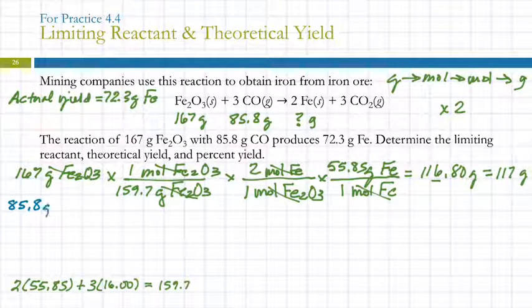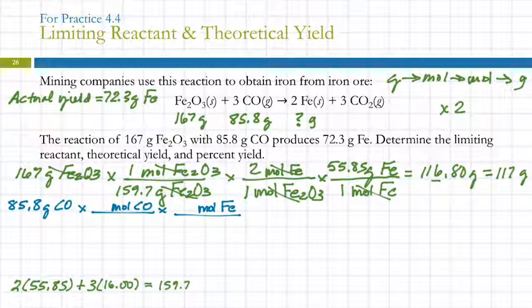85.8 grams of carbon monoxide. Are you guys starting to see this pattern here, grams to moles to moles to grams? Because we do it over and over and over again. It's kind of important. So grams of CO to moles of CO, to moles of, I'm going to the same place, I'm going to the same product, iron.